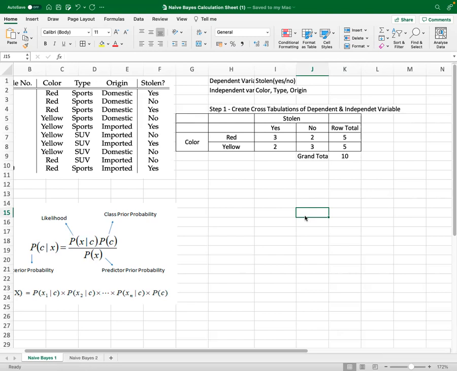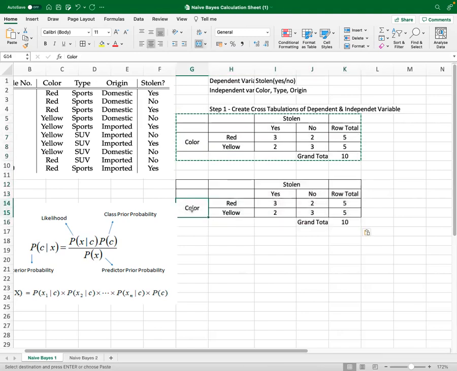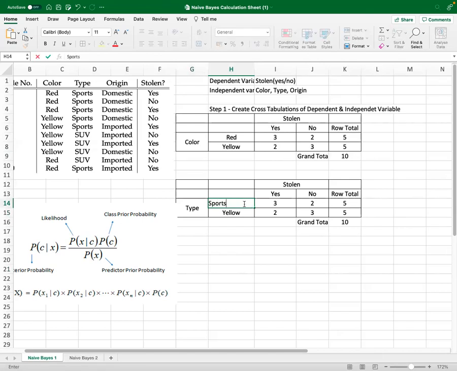Okay. Now we'll calculate the cross tabulation for the second variable. You can copy that table down, paste it down, Control V. This time instead of color, we go with type. The red will be changed to sports, SUV.